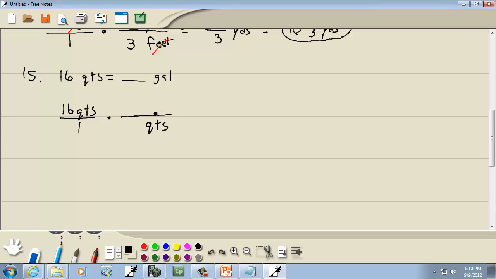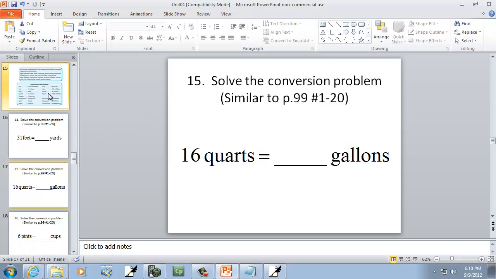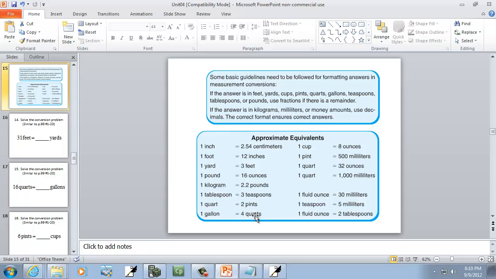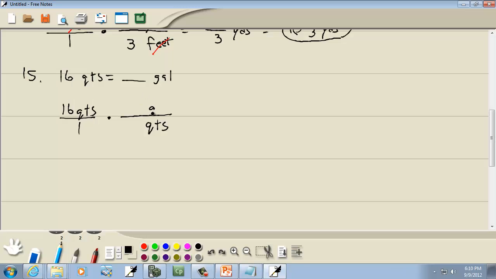Now, if we find a tie directly from quarts to gallons over here, 4 quarts is 1 gallon, then I can go ahead and set that up. We're not going to always be able to do that direct tie like that. Quarts will cancel here. 16 times 1 is 16. 1 times 4 is 4 gallons. And 16 divided by 4 gives us 4 gallons. And that'd be our answer.